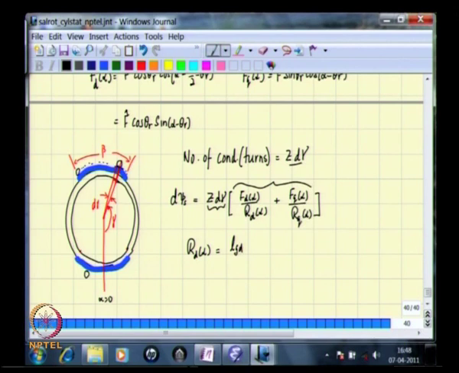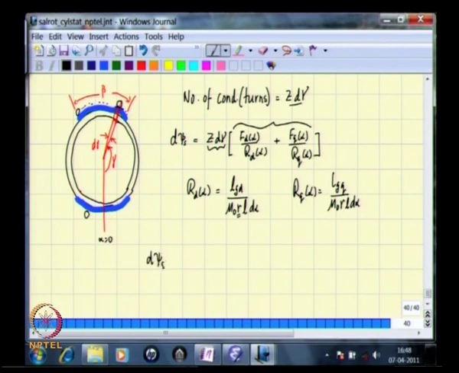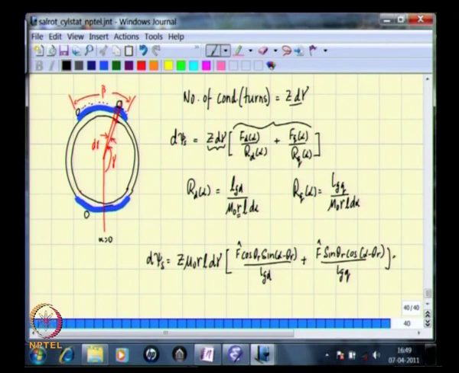And Rd of alpha is nothing but the length of the air gap along the direct axis divided by mu naught into r into L into d alpha, where r is the radius of the inner circumference of the stator, and then Rq at alpha is Lgq divided by mu naught RL d alpha, and therefore this expression reduces to d psi s equals z into mu naught RL d gamma multiplied by f hat cos theta r sin alpha minus theta r divided by LGD plus f hat sin theta r multiplied by cos of alpha minus theta r divided by LGQ d alpha.